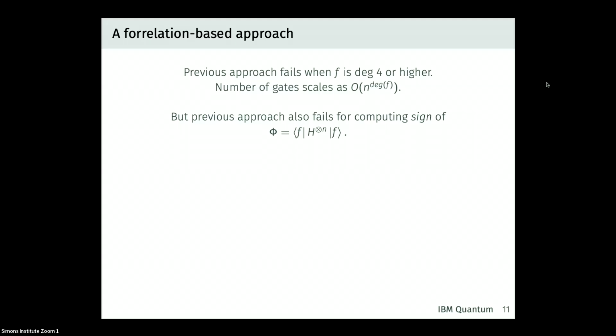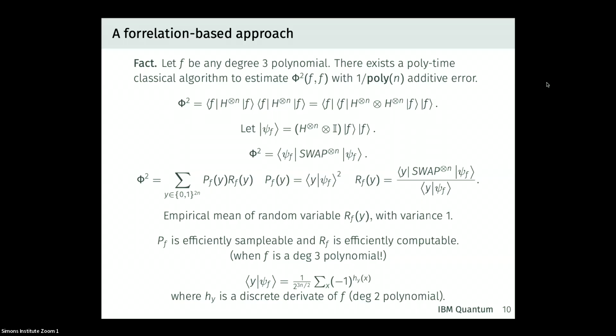Then you can't do the thing that we did before, because what we were doing before is really tailored to computing the square, because of this connection between having 2 copies of f and getting this derivative of the function. The correlator itself would only require 1 copy of f. So it's not clear that you could modify this approach to compute phi itself, not something like phi squared or its absolute value.